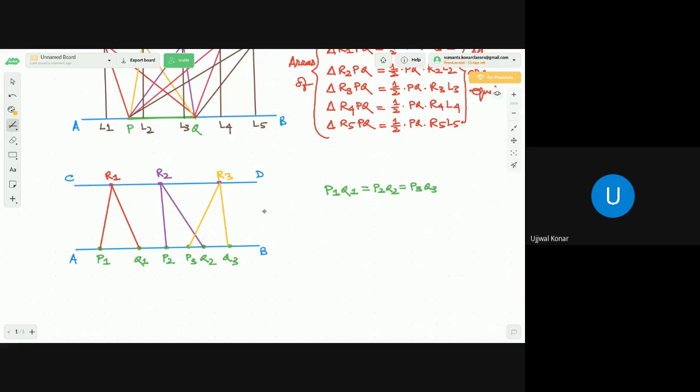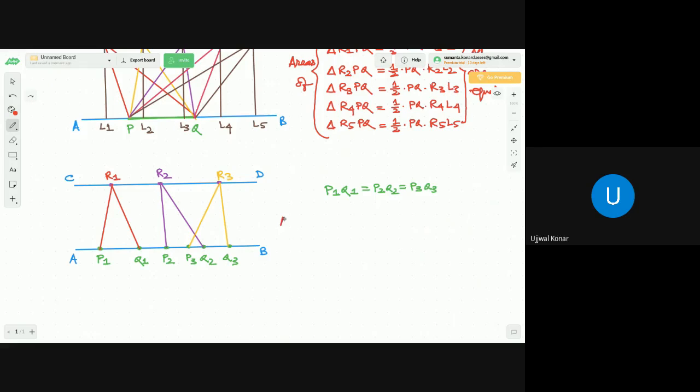So if you see, the triangles are R1 P1 Q1, R2 P2 Q2, R3 P3 Q3. What is the area of the triangle R1 P1 Q1? Let me use a different color.